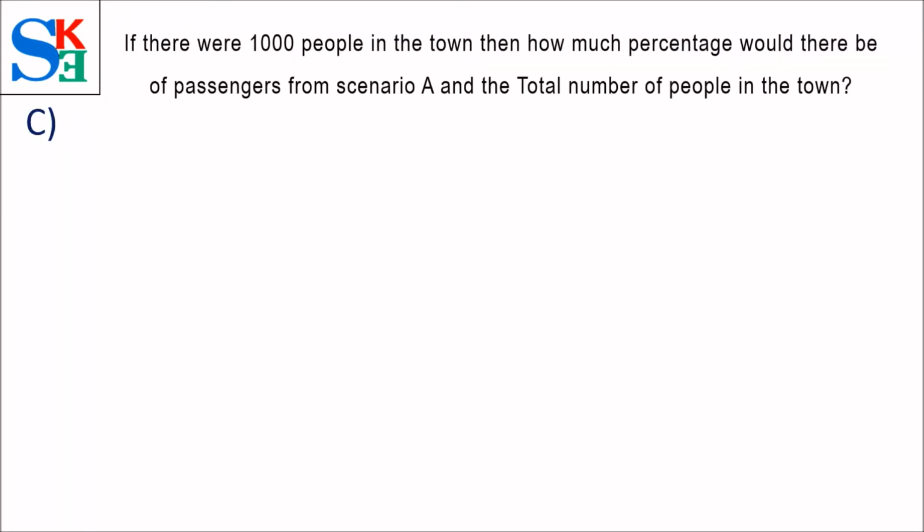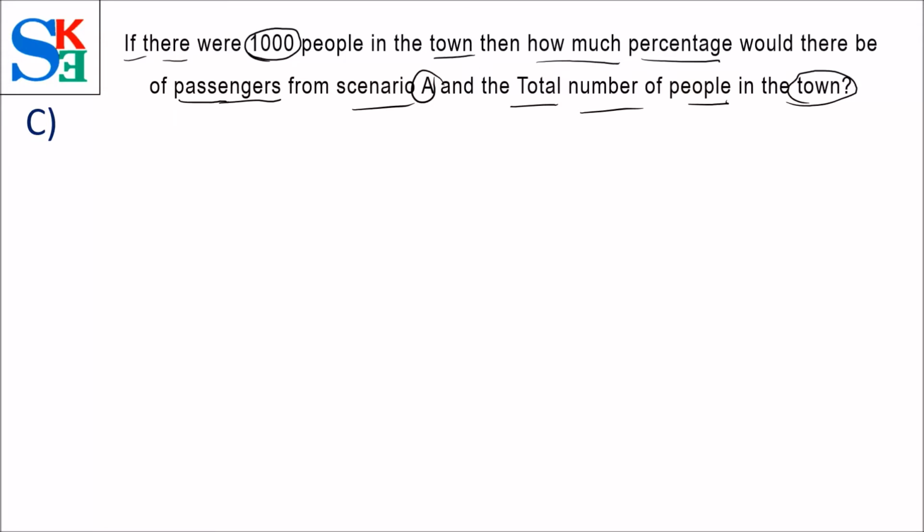Okay, so C. If there were 1,000 people in the town, then how much percentage would there be of passengers from scenario A and the total number of people in the town? I know this is worded very poorly, but I'll try to tell you in simple words.